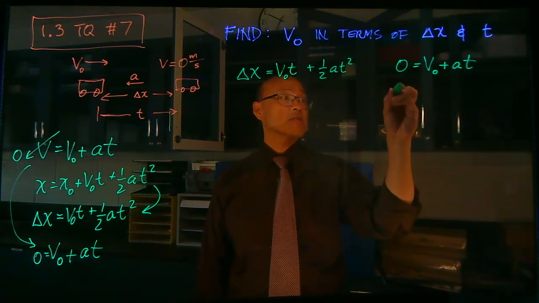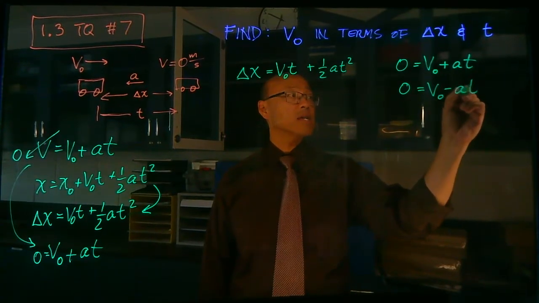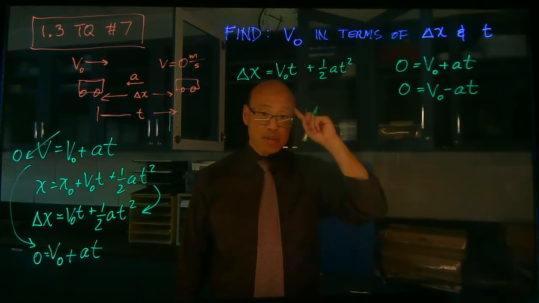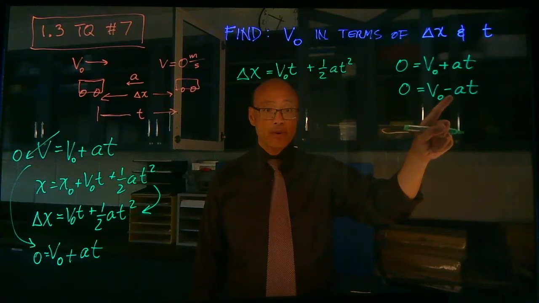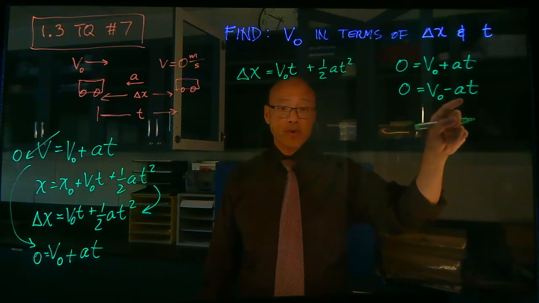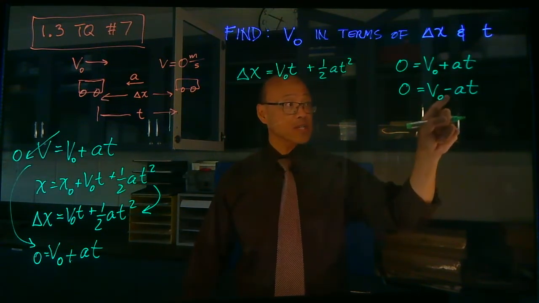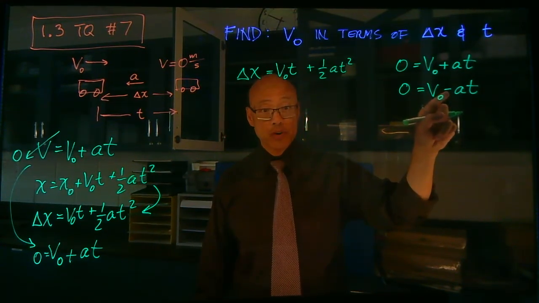So I could rewrite this as 0 is equal to v naught minus at. Keeping in mind that if I had numbers and had to solve for a, I would expect a to be positive, because I took care of the direction already.